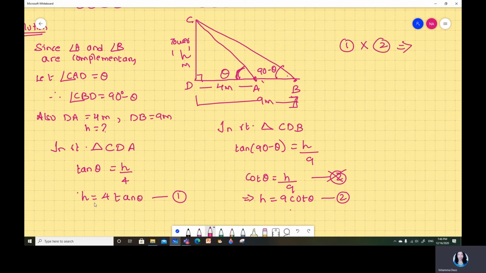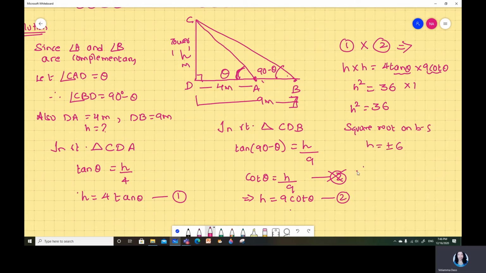When you multiply, we multiply LHS and LHS, so we get H into H equals 4 tan theta into 9 cot theta. So we get H square equals 4 nines are 36, and tan into cot is nothing but 1. So H square is 36. Whenever we take the square root on both sides, H value will be plus or minus 6.